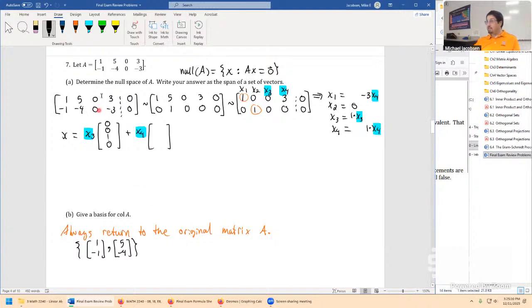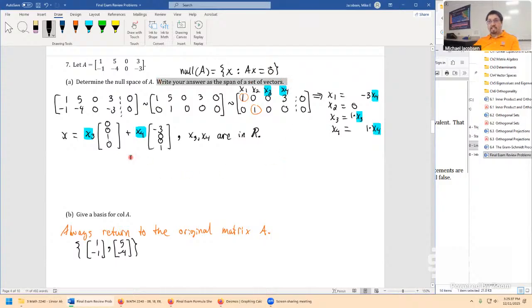That's a pretty big vector, but if there are 4 columns, x has to be in R4 for this null space. So that's why we have such a tall vector there. Likewise for x4, the coefficients went -3, 0, 0, 1, such that x3, x4 are scalars in R.